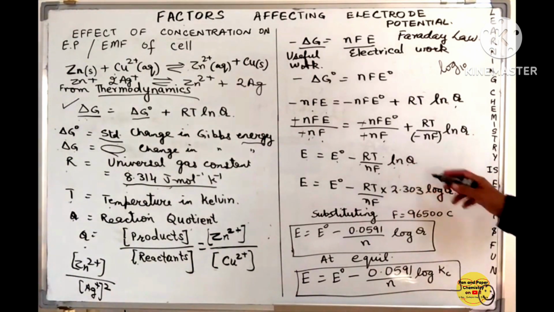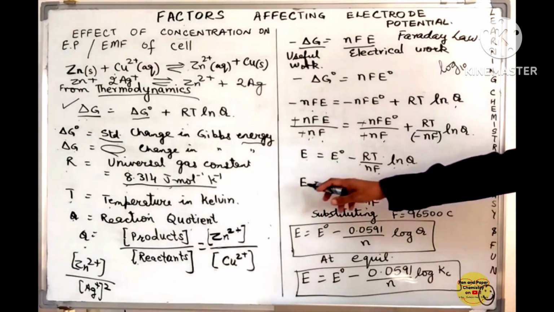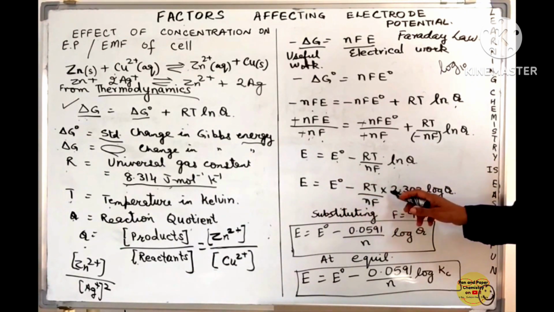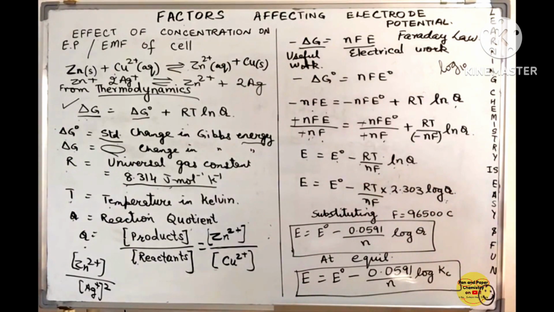It's not easy to deal with natural log, so we need to convert it to logarithm to the base 10. So E equals E naught minus RT upon nF into 2.303 log of Q. Those who don't want to get into the nitty-gritties of natural log and base 10, I know there are a lot of students who don't do maths at higher level.